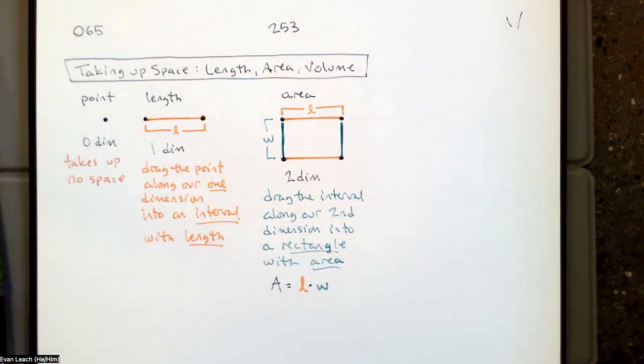Area is just length times width. Then we just repeat this process. I take the area that we have now and we drag it into a third dimension. Now we're going to allow ourselves a third dimension. We just take that area and drag it along a third axis into a volume.